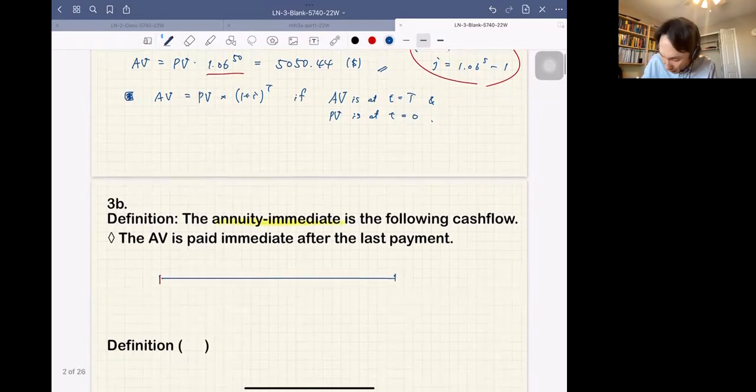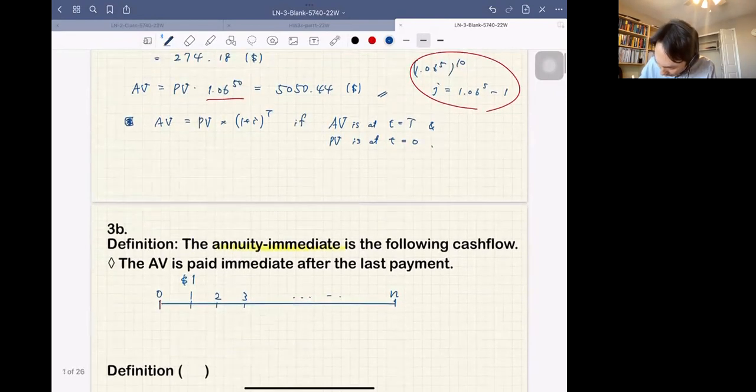That means if we have times 0, 1, 2, 3, up to n, then we have $1 every year for n years. This is called annuity immediate. The interest rate is a fixed annual effective rate.